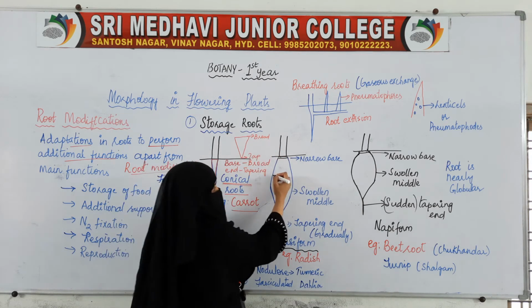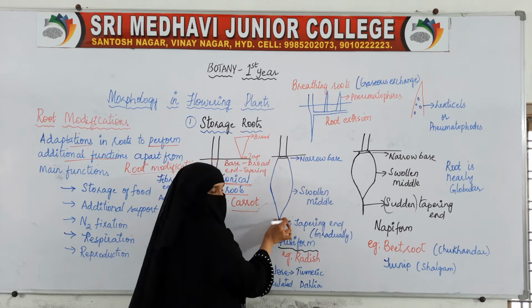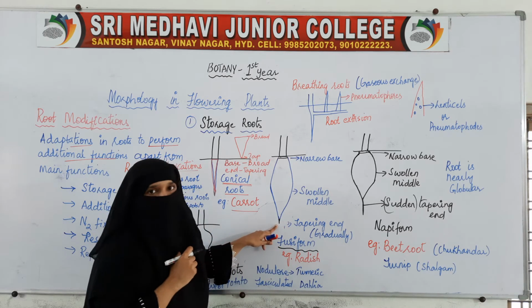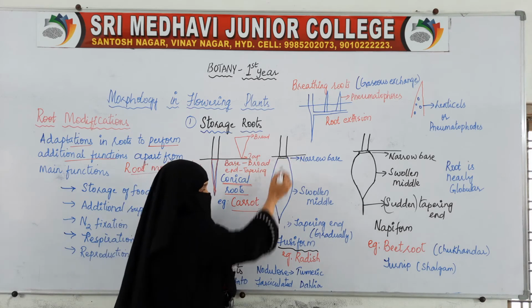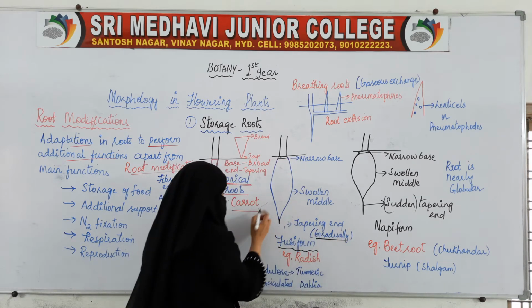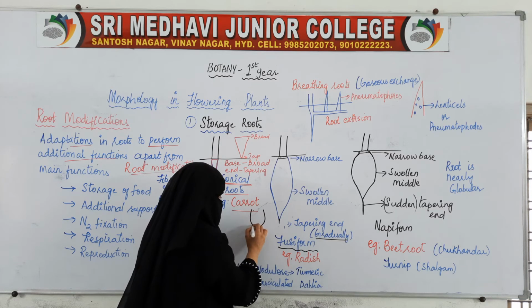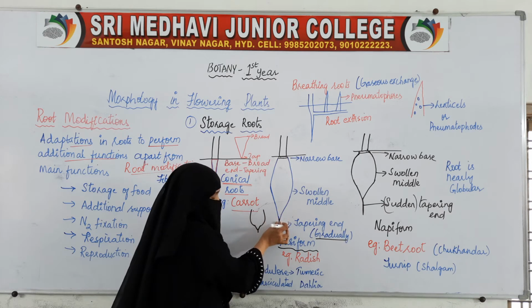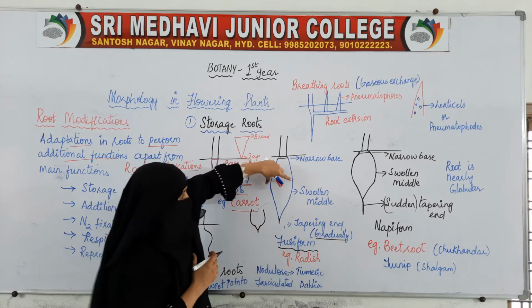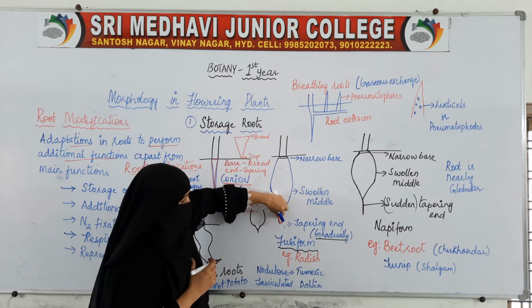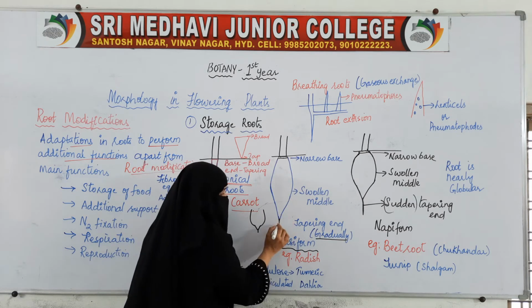So here also narrow, here also narrow, and at the end it will be tapering. This tapering takes place gradually, not suddenly as in this one. It is gradual tapering that is seen. It is swollen in the middle, slowly narrowing, and at the end we have a tapering end.